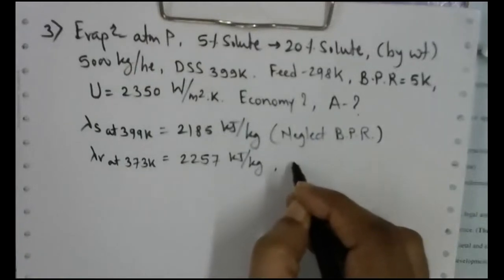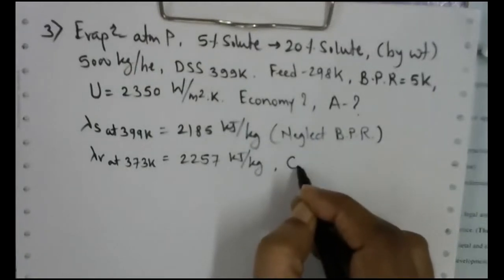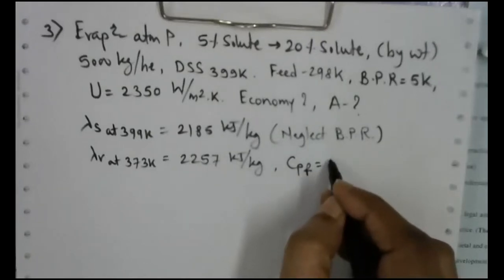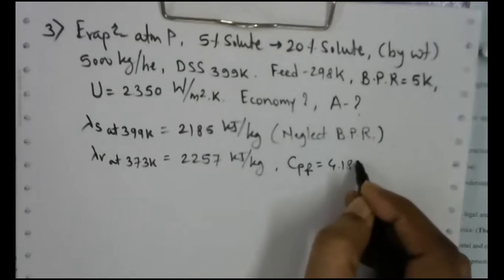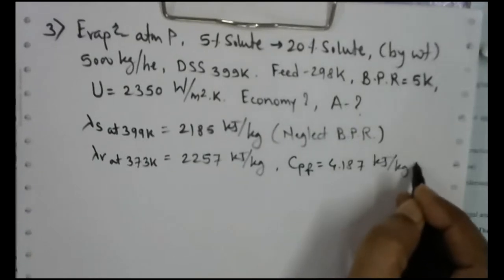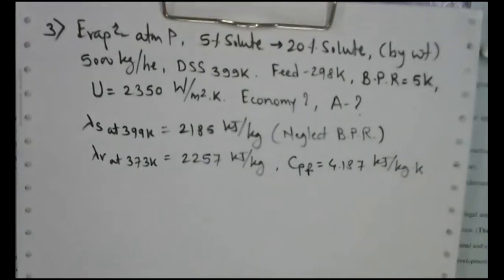Then the specific heat of feed, that is CPF, is 4.187 kilojoules per kgK. So this is the other data which can be useful for calculating the unknown parameters.